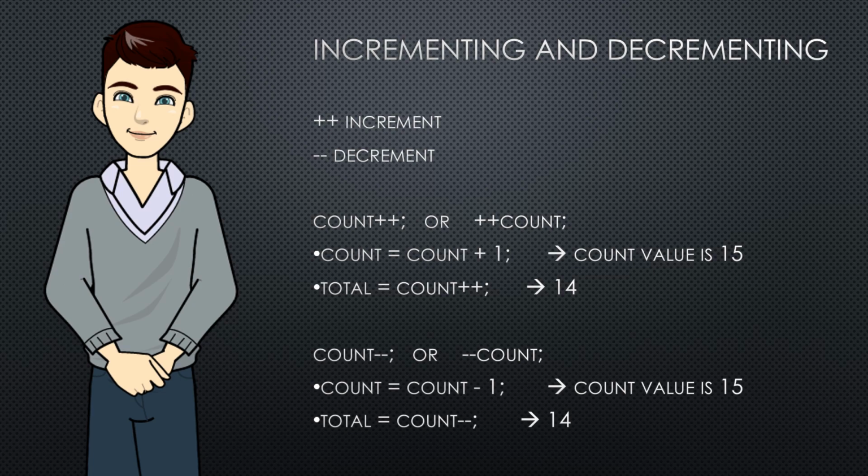In the second example, we are doing the opposite. We have a variable count and we set it equal to the value of count minus 1. So if the value of the count is 15, then Java will decrement the value by 1 and print the result by replacing the variable total with the new value, which is 14.